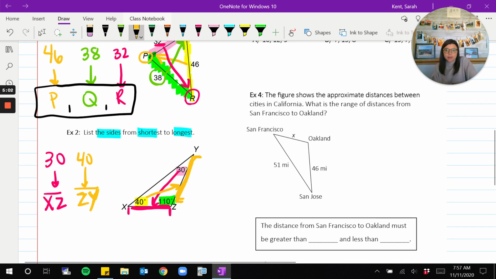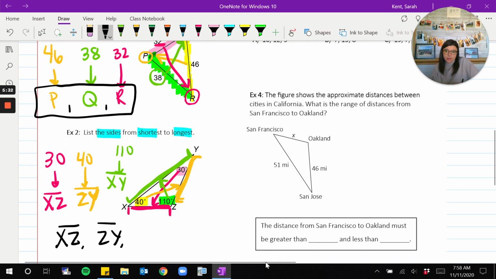And then lastly, the number we have left is 110, clearly the biggest. If we look across from 110, we end up on this side between the letters X and Y. So for our final answer, shortest to longest, we would have side XZ, side ZY, and then side XY. And that would be our answer.